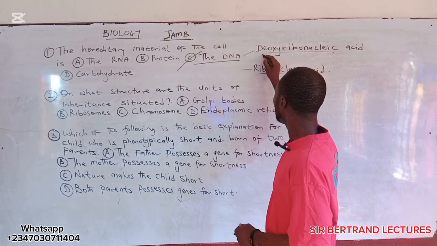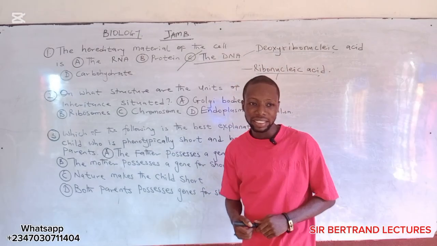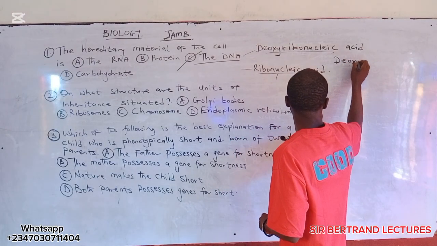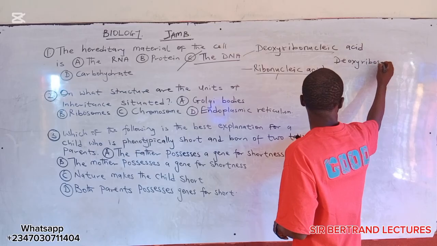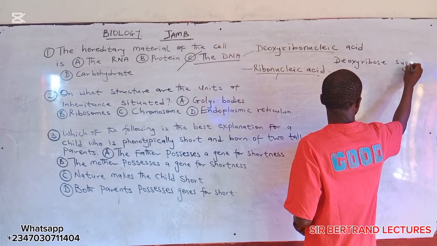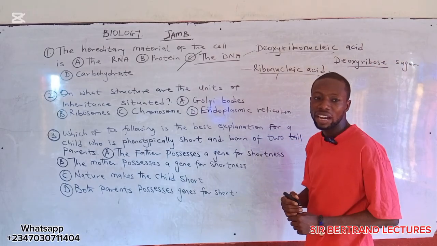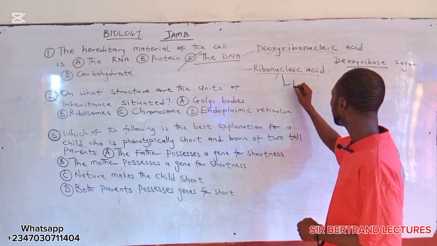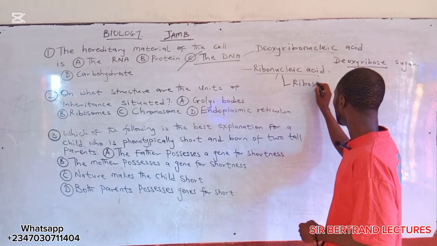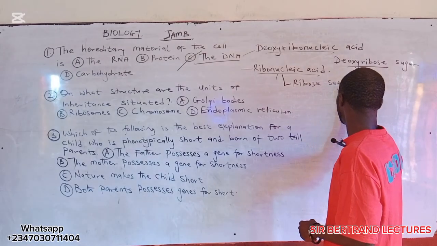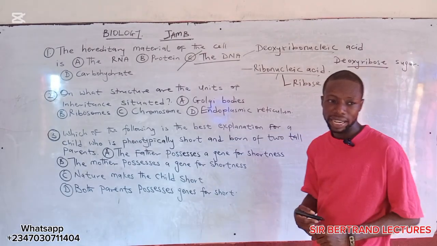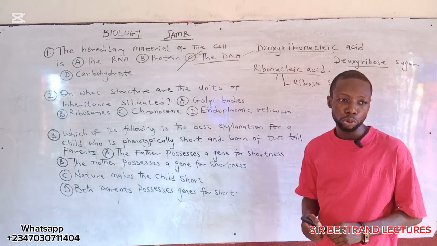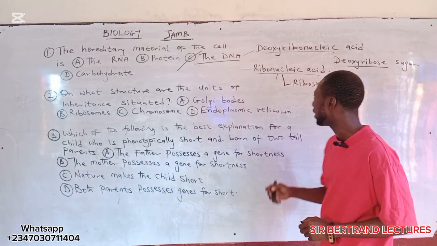The DNA is the nucleic acid with the sugar known as the deoxyribose sugar. That is the sugar we have in DNA, while the sugar in RNA is ribose sugar. These are typical examples of monosaccharides that are not used to produce disaccharide.